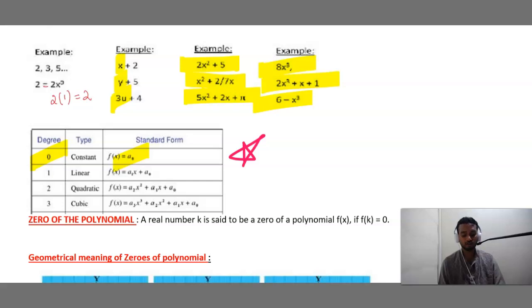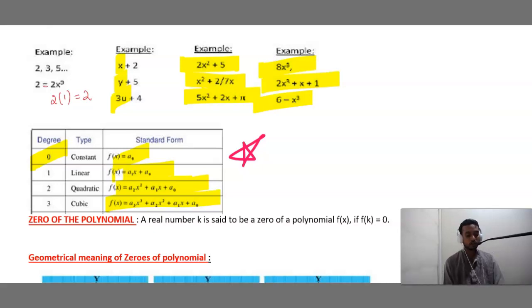Linear polynomial: a1x plus a0. Quadratic polynomial: a2x square plus a1x plus a0. Cubic polynomial: a3x cube plus a2x square plus a1x plus a0. See, 3, 2, 1, constant. The powers are decreasing. Can you see this? So this is nothing but the standard form of a polynomial.